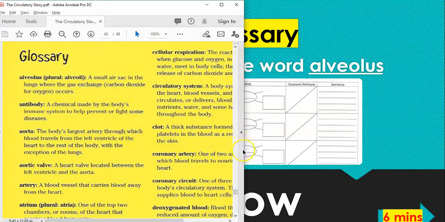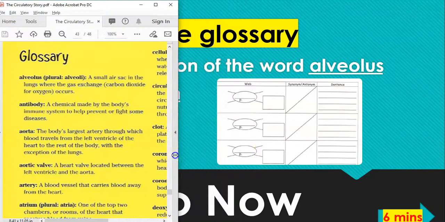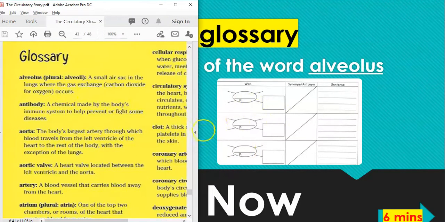So in your small picture, you can draw a little sac. You could even label it kind of like a diagram. You have 30 seconds. A synonym, you can even write the word sac because it's something that is carried on. You have 20 seconds.